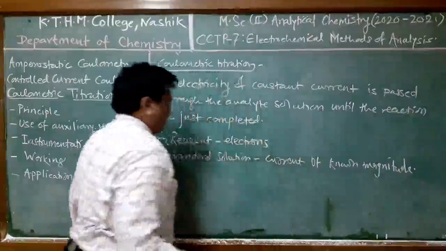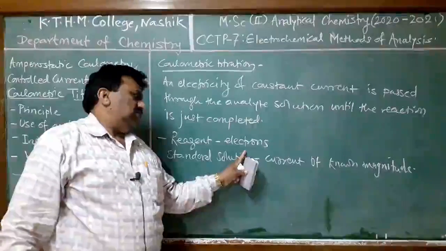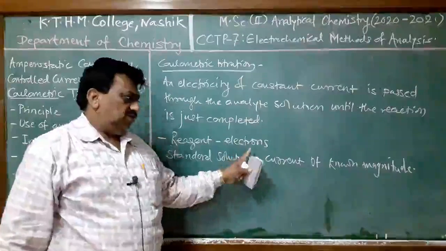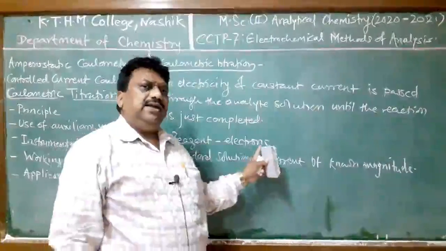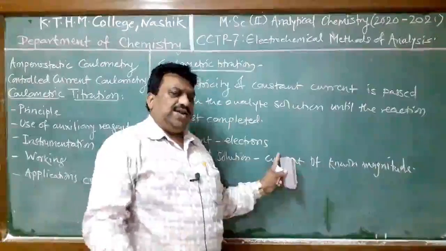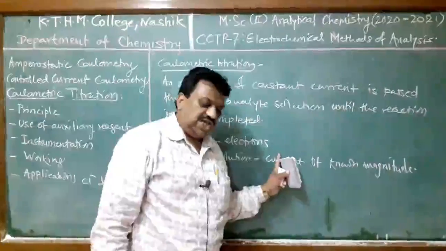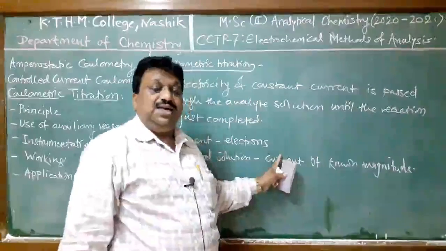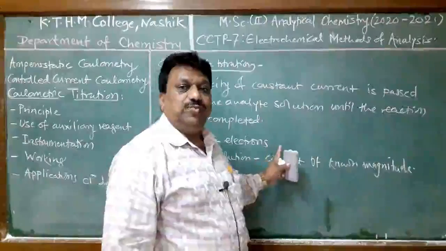Therefore, in this technique, electrons are added to an analyte solution through a constant current of known magnitude, and a redox reaction is carried out. The electric charge required for this purpose is determined by this technique. Therefore, it is a secondary coulometric assay.